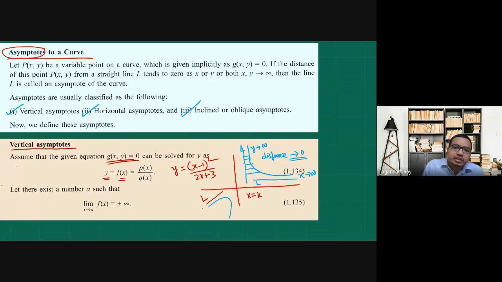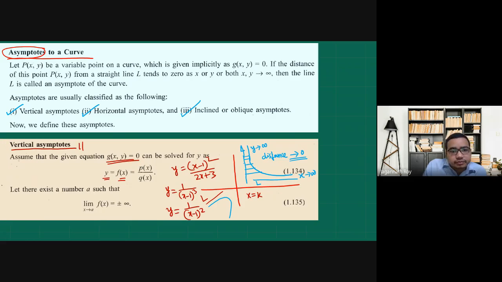Or you can write y equals 1 by x minus 1 whole cube, or 1 by x minus 1 whole square. So this type of functions, if we can write y as a function of x, then we can easily find the vertical asymptote for those type of curves.